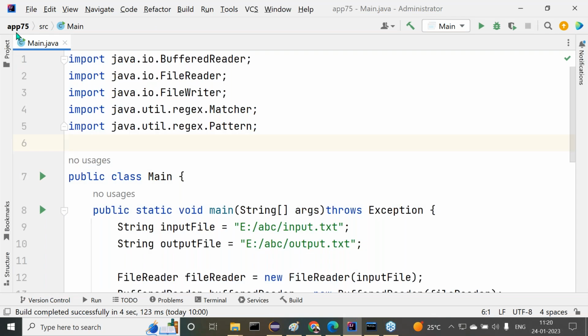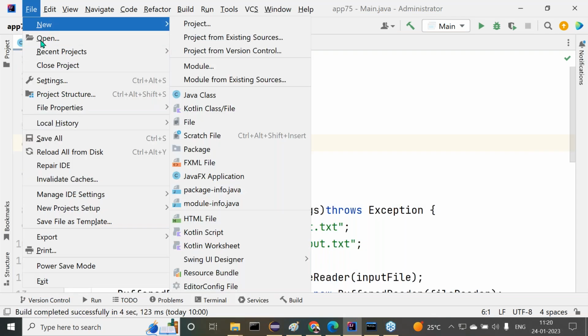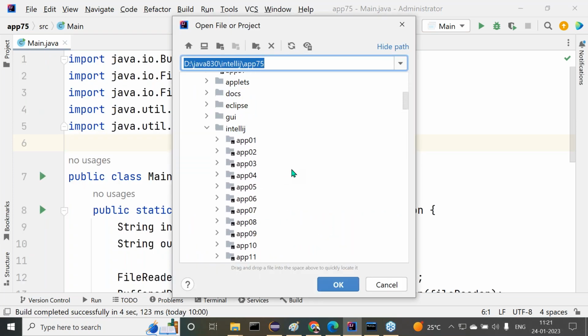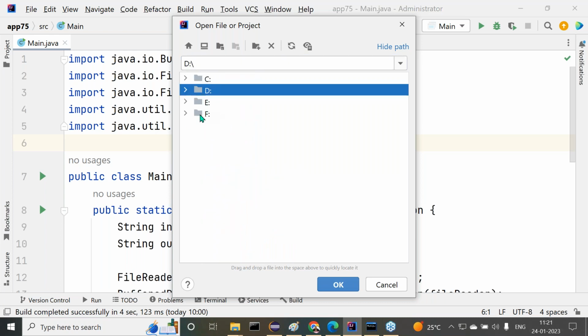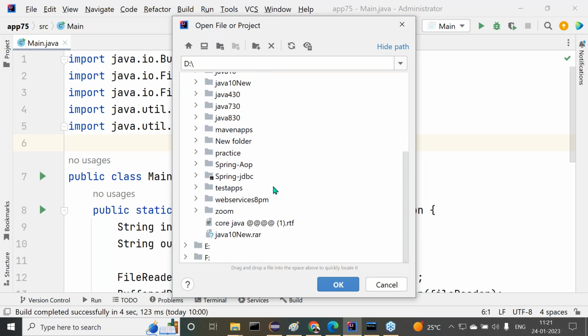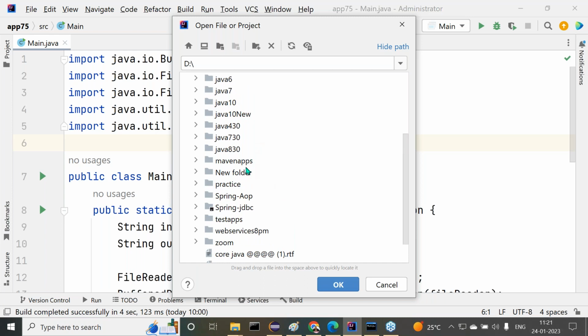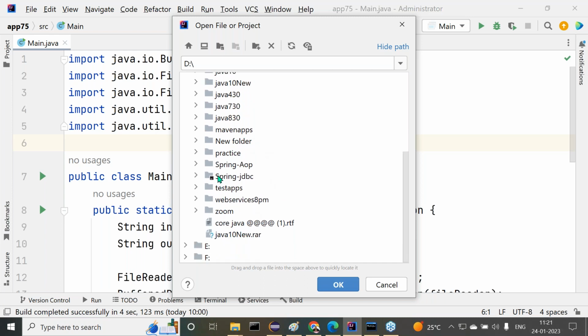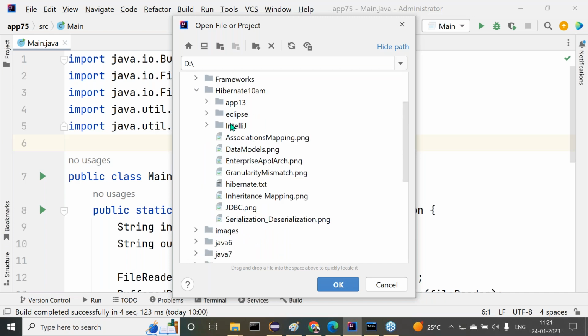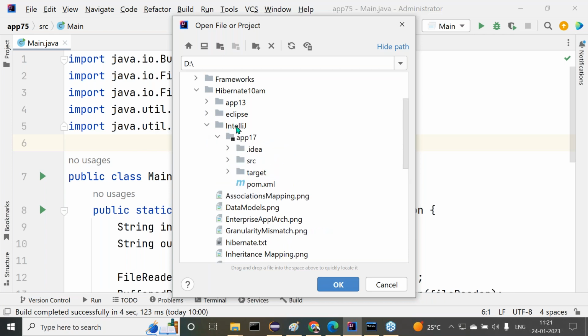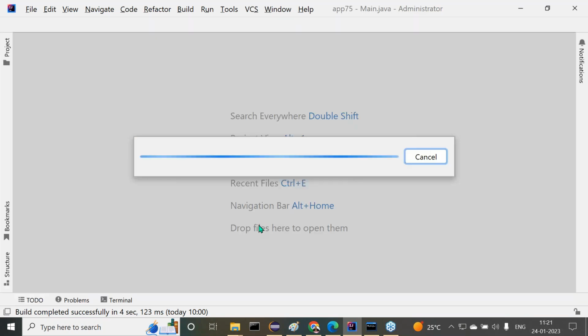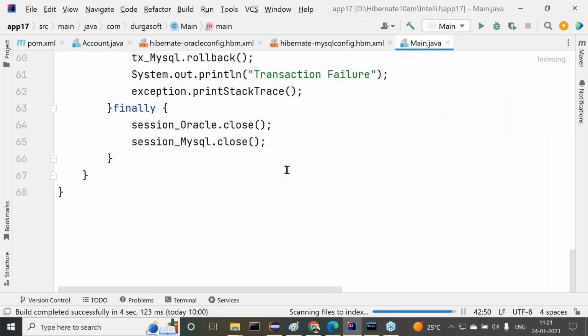Now we have to go for Hibernate. In the last example we have seen the transactions atomicity property, which we understood clearly.